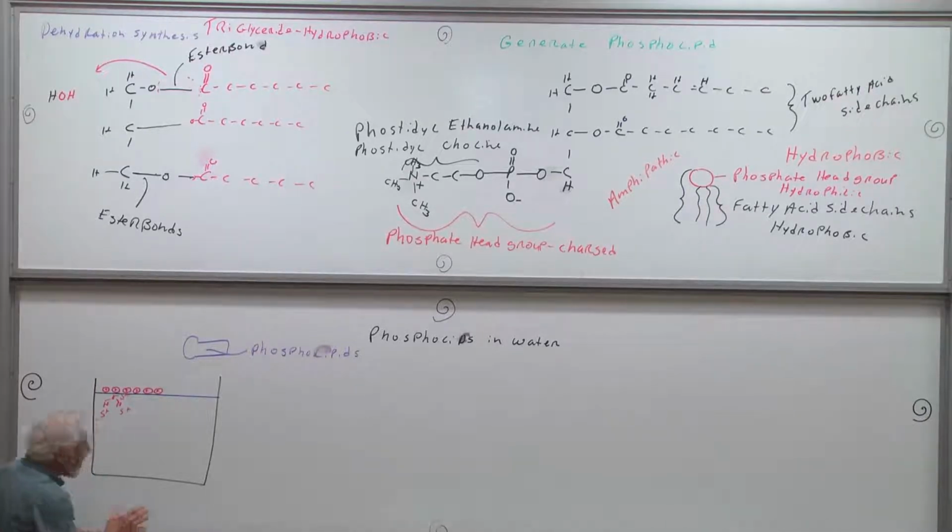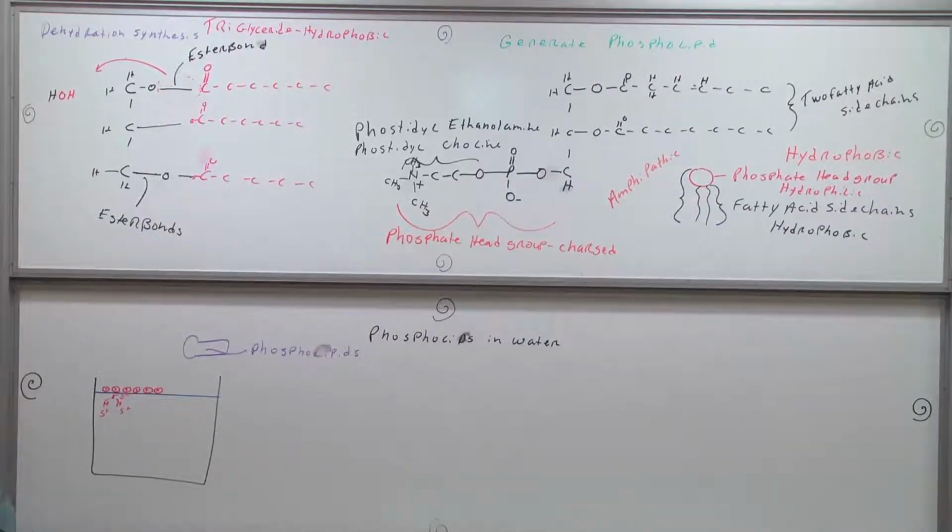Now there's a term that I'll use here fairly flippantly, and it's true, but you really can't grasp it until you've had some physical chemistry. And that is the lowest order state. What is the lowest order, the most probable state that we'll see here? Well, the most probable state is for those phosphate head groups to interact with the water and turn their tails upward.